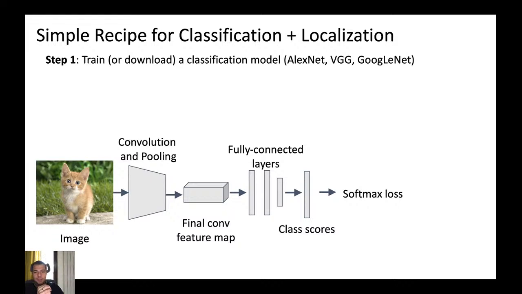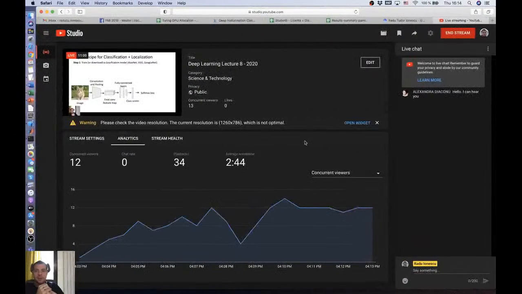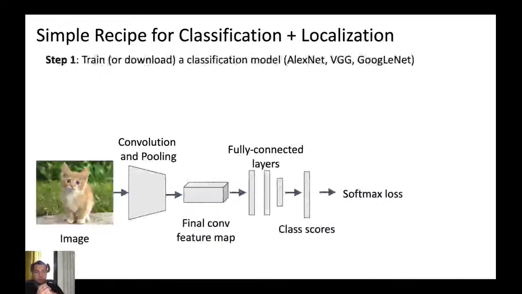Do you have any suggestions? This can be a question that you can perhaps try to answer. Please write down if you have any idea what we can do to this architecture in order to do both classification and localization. Right now it has only the capability to do classification of the input image.